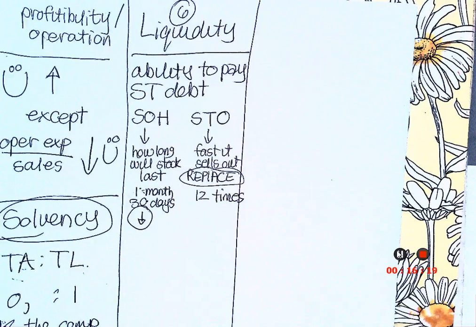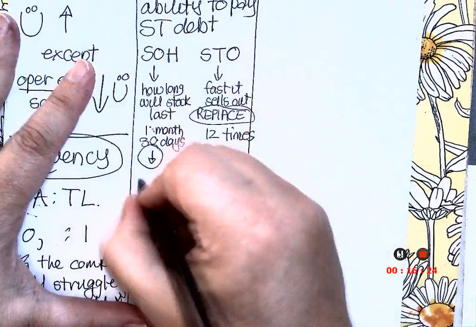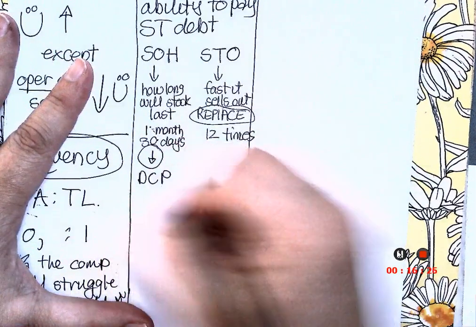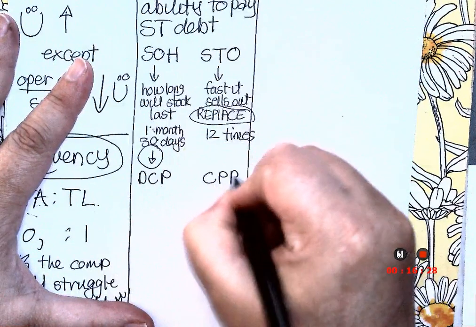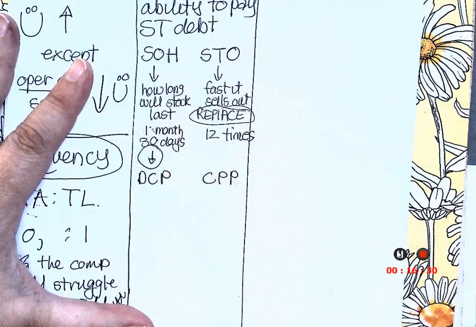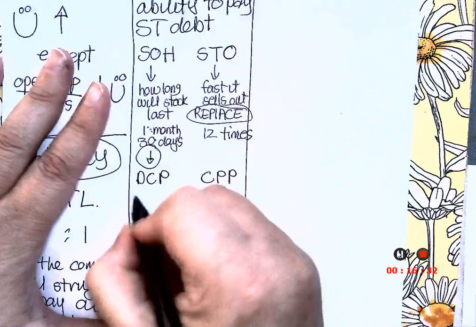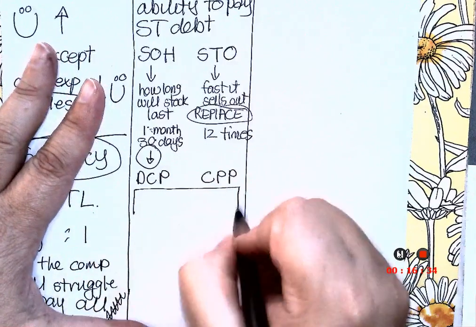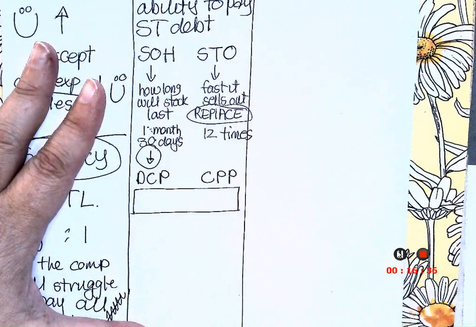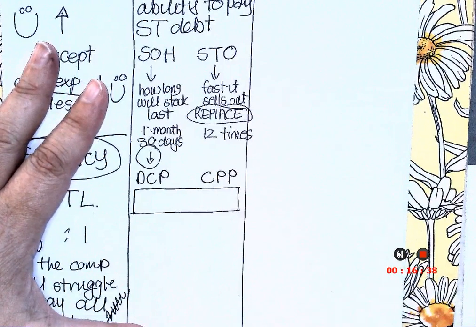Okay. The next one I want to do is your debtors collection period and your creditors payment period. Okay, now it works like this. If you look at debt, remember when we did the debtors age analysis last year, right?